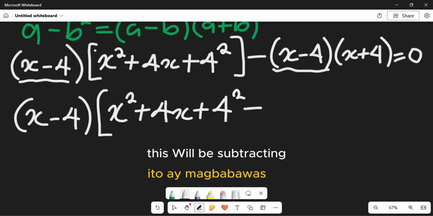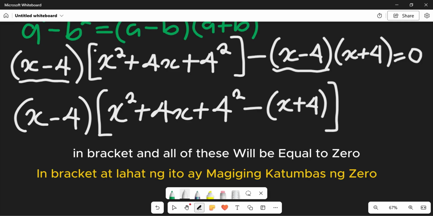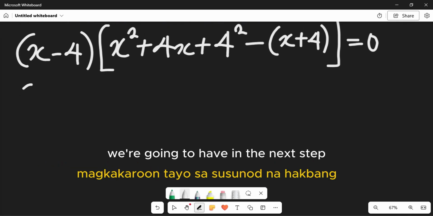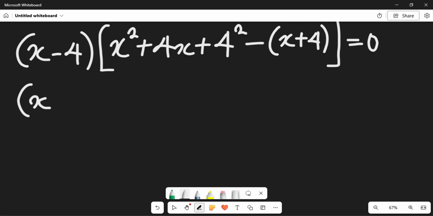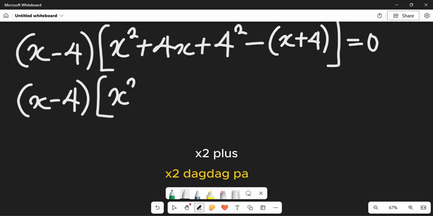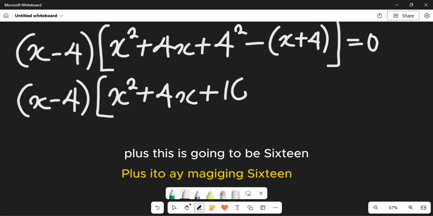This will be subtracting x plus 4 in brackets, and all of these will be equal to 0. Great. Now, simplifying this further, in the next step we're going to have x minus 4, and all of these will become x squared plus 4x plus, this is going to be 16.